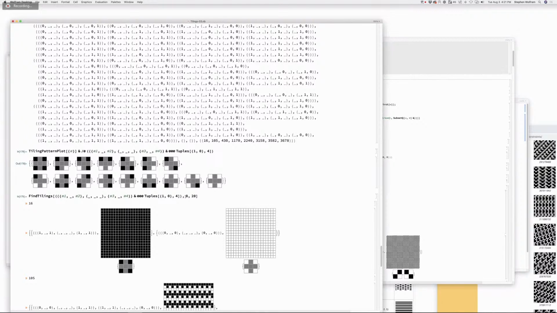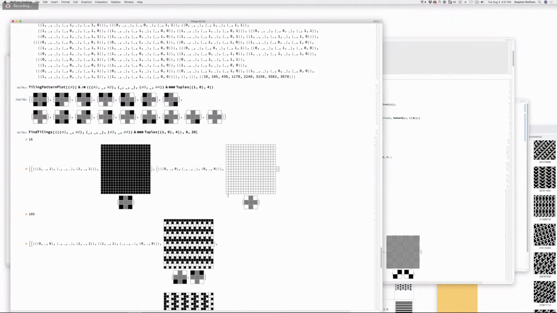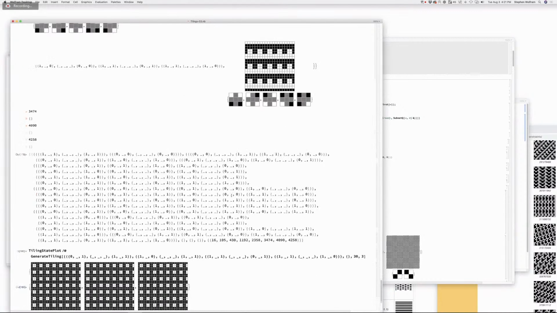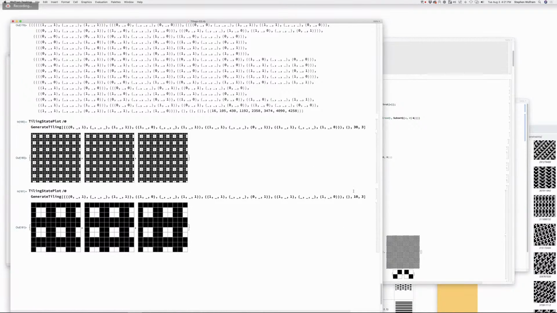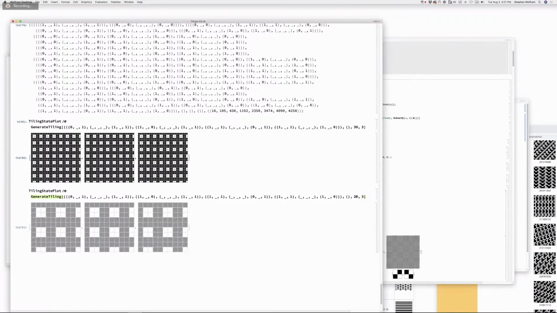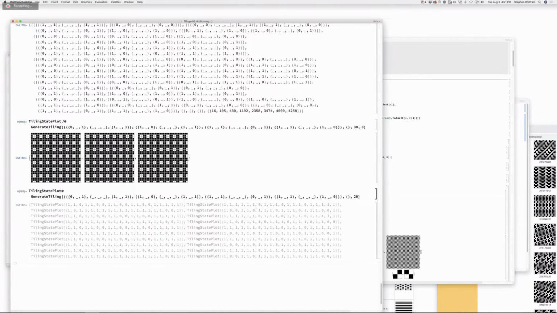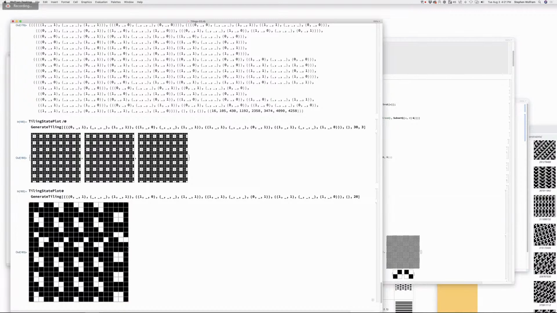Find tilings. What does the 8 mean? Oh, that means up to the size. Okay, so that's a 20. So now let's take a look at the 20 here. I'm very confused by this. Let's omit that. Okay, that's really weird.